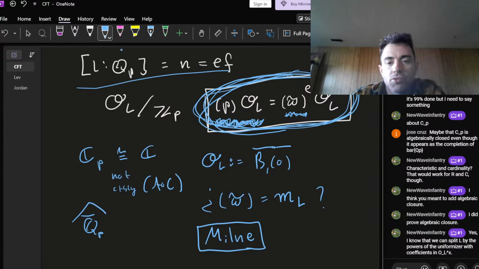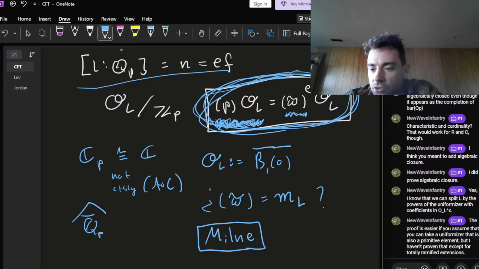And then we know the proof is easier if you assume that you can take a uniformizer that is also a primitive element, but you haven't proven that except for totally ramified extensions. The tricky thing here, as I'm thinking about it, is which facts can I use and which facts can't I use? I'm not sure what is in your toolkit and what isn't.